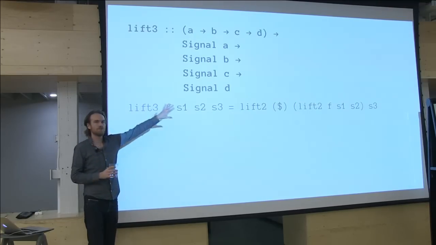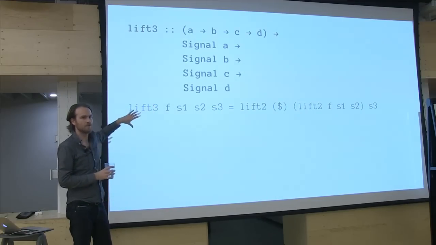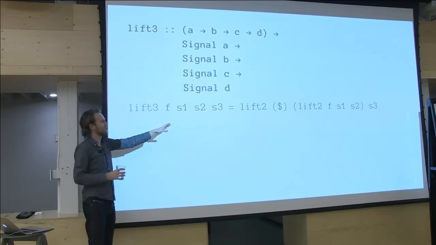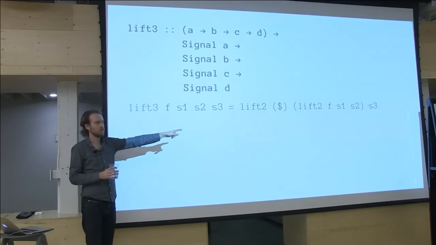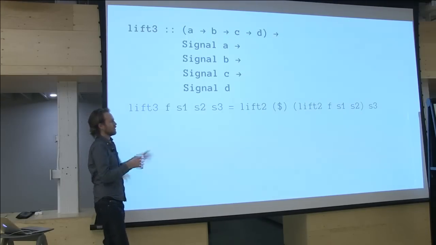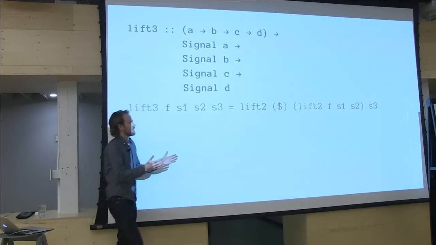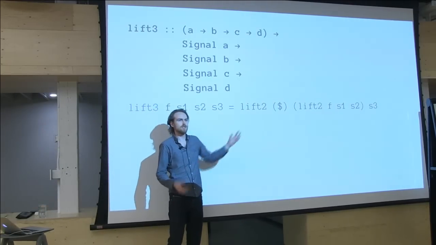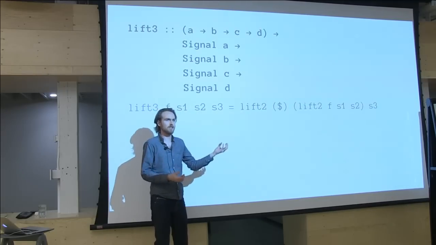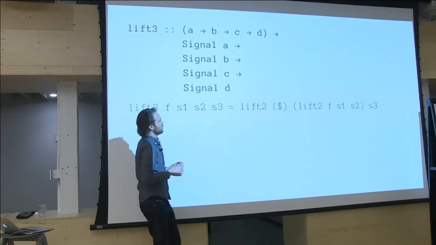So don't worry if you don't understand this one, but we're following the same pattern from before. What's interesting is that we can define it in terms of lift 2. Because lift 2 already combines functions, this ends up doing it recursively. The thing you need to know is that dollar is function application. The dollar function takes a function and a value, and it applies the value to the function.